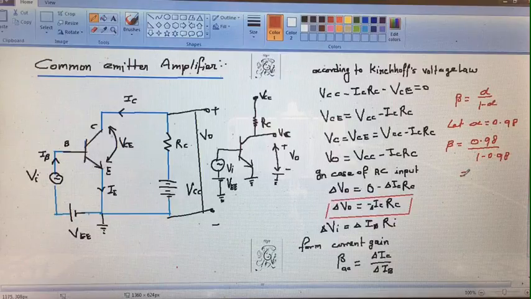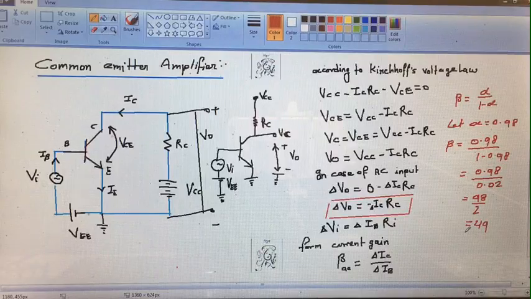It can also be written as 0.98 upon 0.02, so the value is 98 by 2, which is equal to 49. So the current gain in a common emitter amplifier is higher than in the common base amplifier. From here we can conclude that for the same transistor, current gain in common emitter configuration is higher than in the common base configuration.